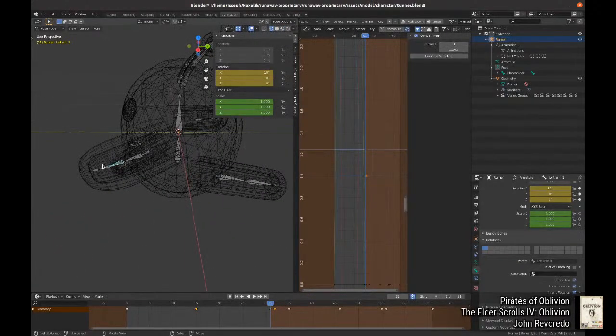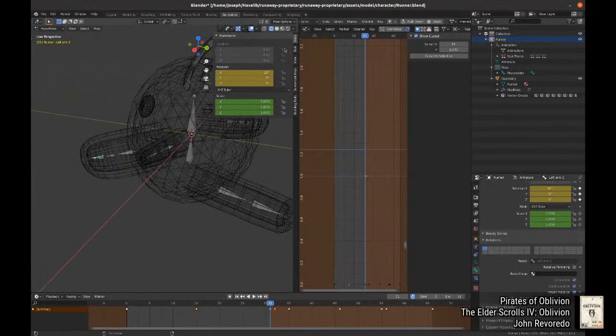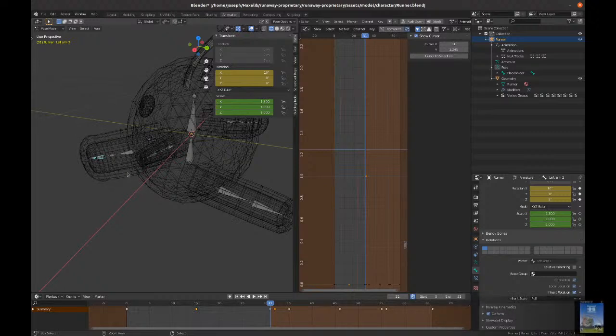Check that. Maybe this one. Okay, I definitely need to work on the weighting.